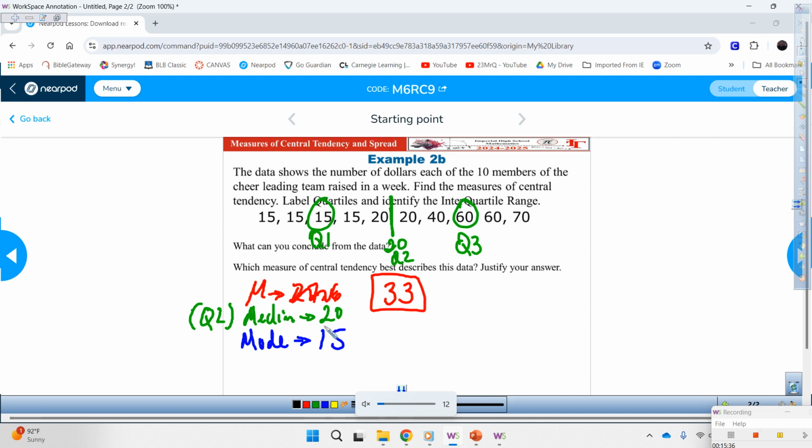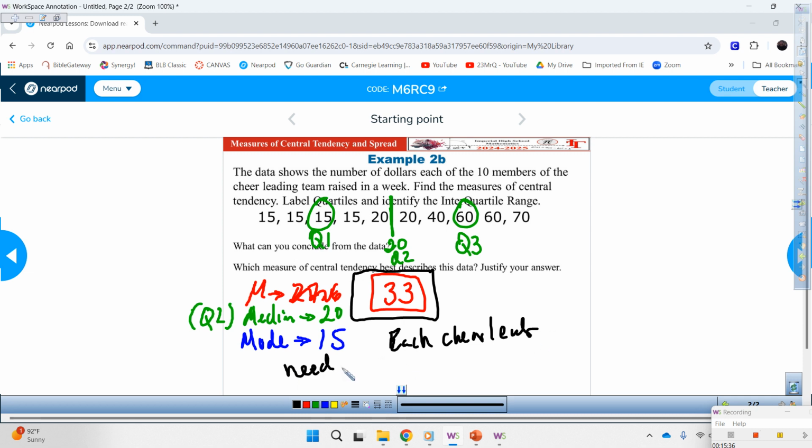The mean, okay. So the mean is 33. So what would be your observation that you would write? Each cheerleader raised a total of $33 each. Okay.